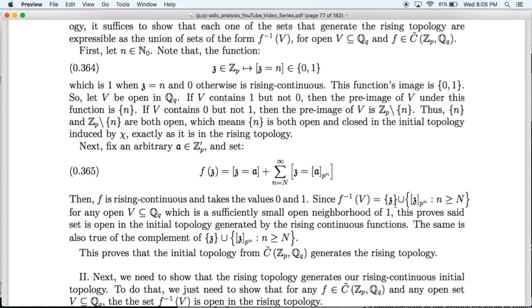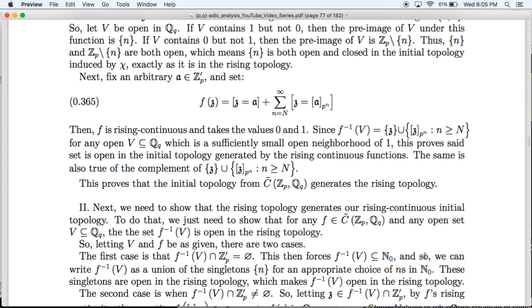So this proves that this set with a is open in the initial topology, and by taking an open neighborhood of 0, we get the same for the complement of this set, again with z replaced by a. So that means that this set is both open and closed, exactly as what we get in the rising topology. So the initial topology from the rising continuous functions generates the rising topology.